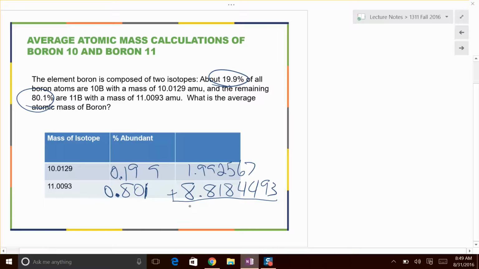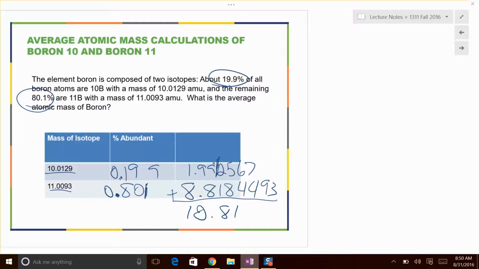7.81 plus 10 is 10.81? Yes. Okay. So here I have a lot of significant figures, and here I have a lot. But in the percentages, I only have 3 significant figures. So really, I would only keep to 2 decimal places because even though I want to keep these in the calculation, this times that would be 3 decimal places.